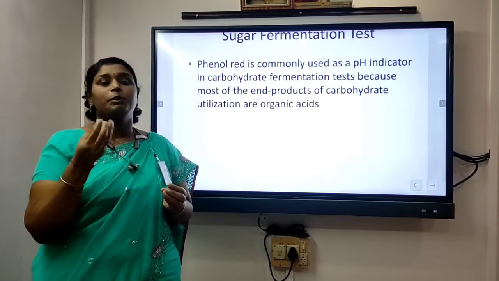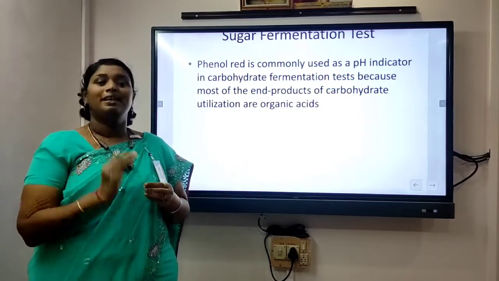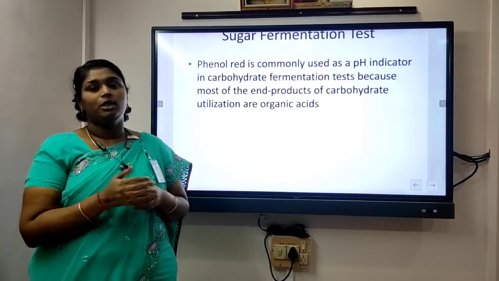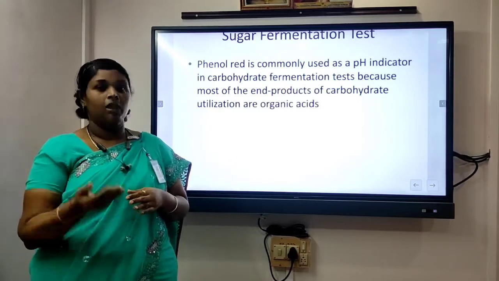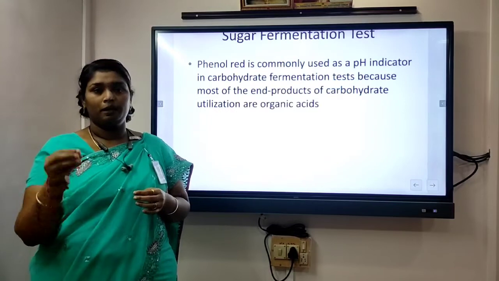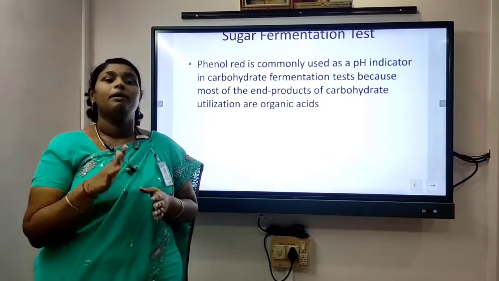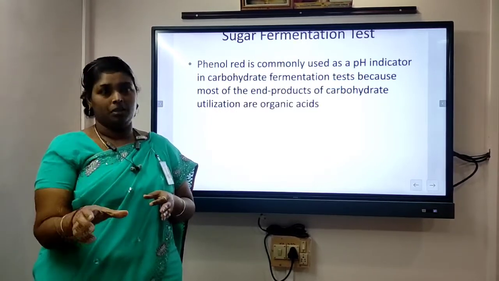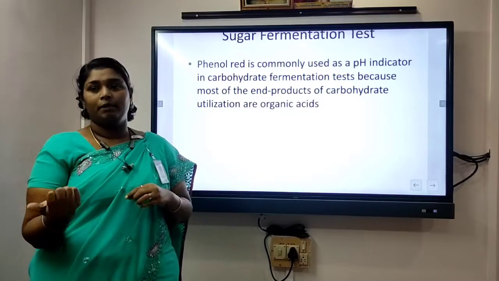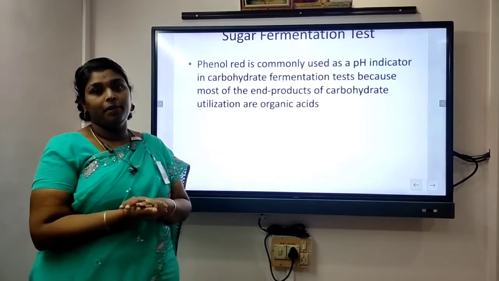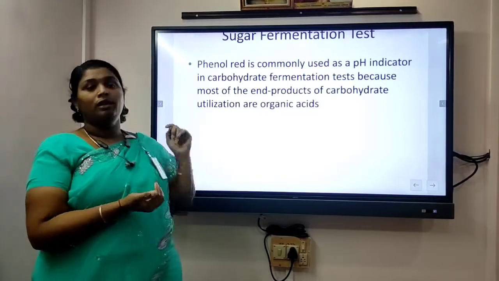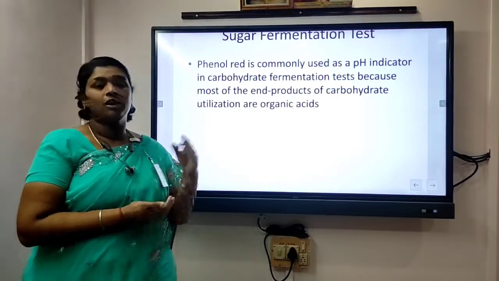When the sugar has been utilized by the organisms, by the fermentation mechanism or by the metabolic activities, acids and alcohols will be liberated in the medium. That will change the medium's pH. The acid pH or alkaline pH can be easily detected by the conversion of the indicator molecule, phenol red.